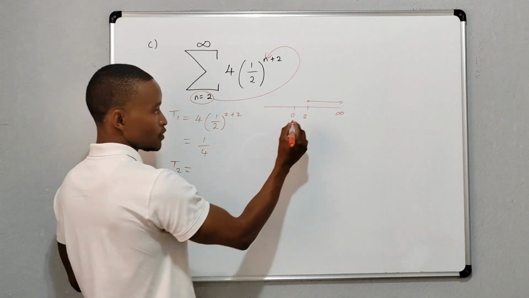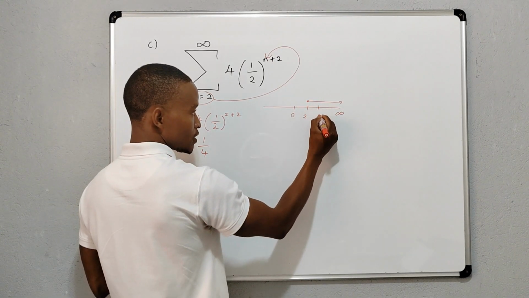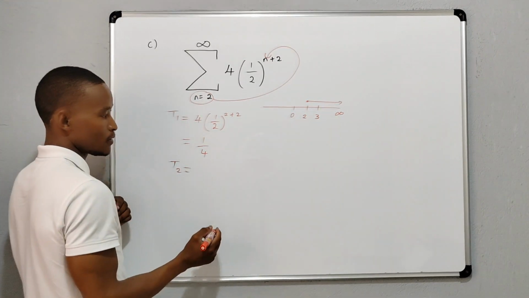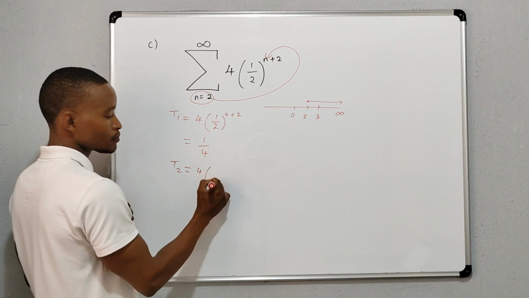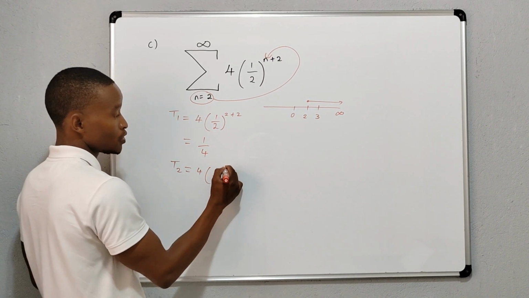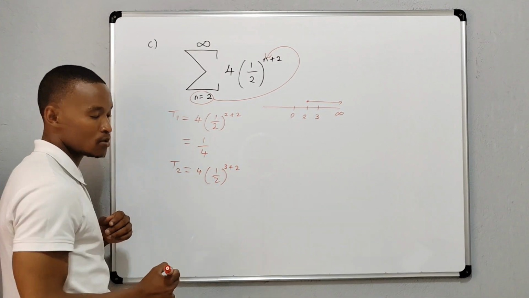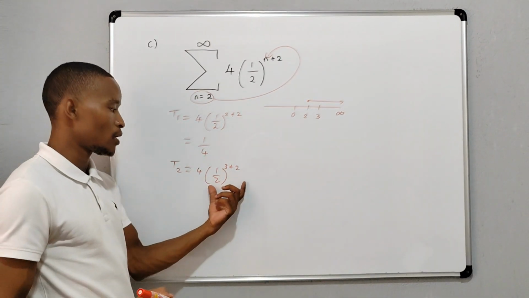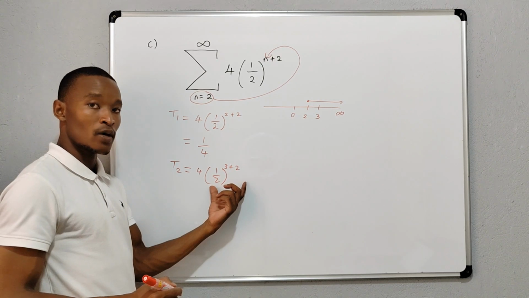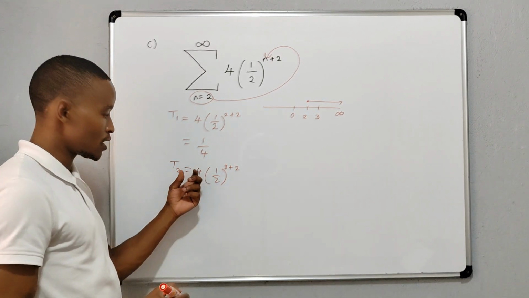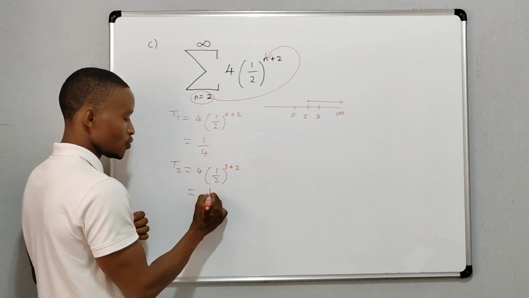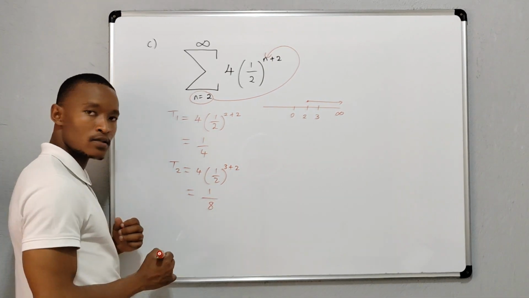T2: after 2, what is the next natural number? It's 3, right? So 4 times 1 over 2 to the power 3 plus 2. Okay, what will the power give us? 1 over 32 times 4 gives you 1 over 8.